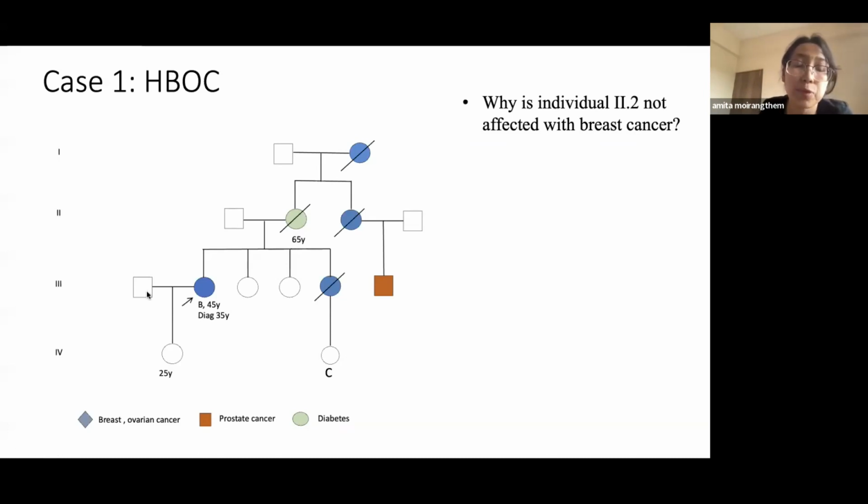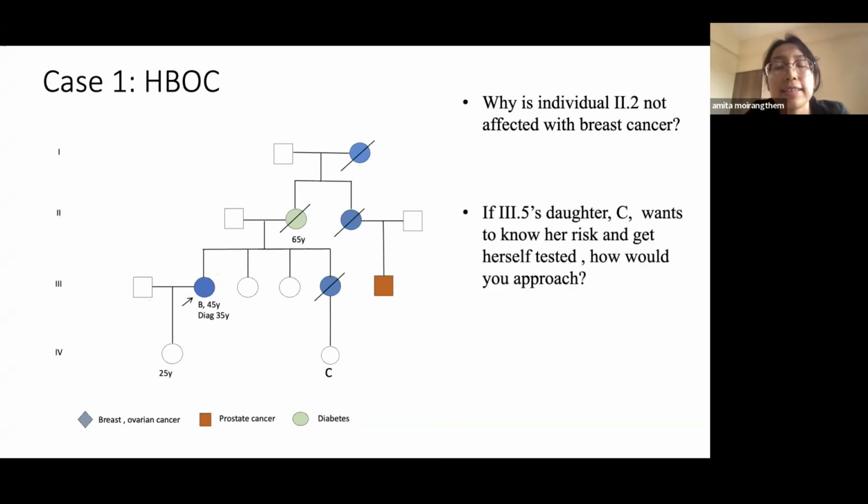So why didn't she have it? Because her mother had it and her daughter had it. She has to have the cancer to be able to transmit the mutation from her mother to her daughter. So why is she not affected?